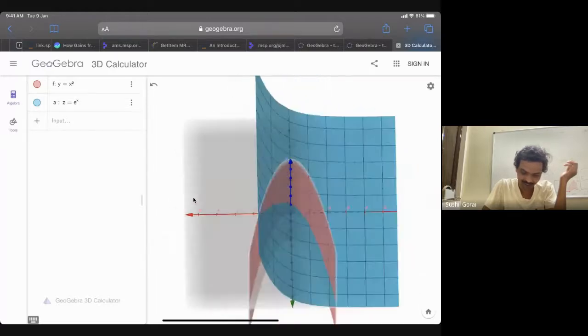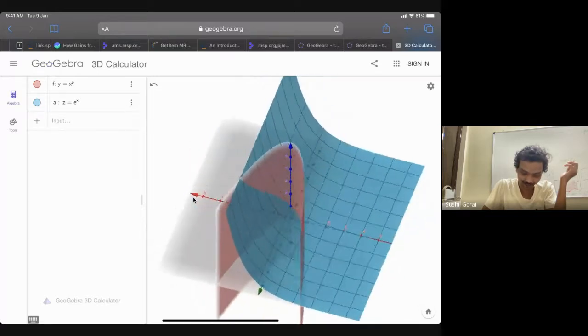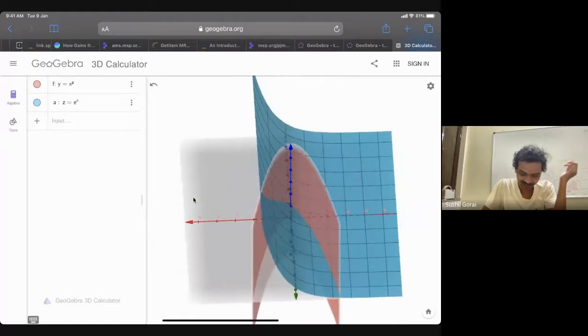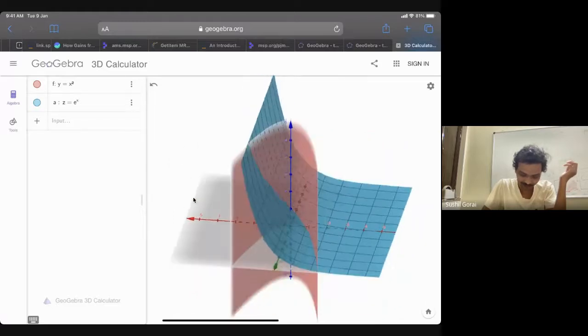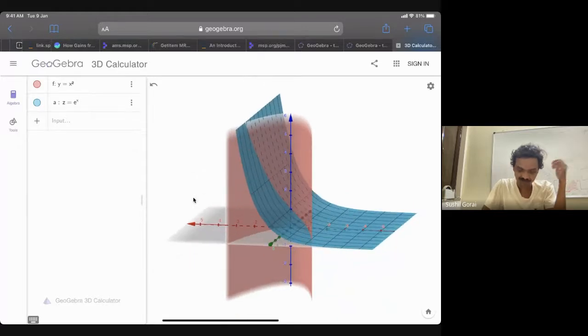You draw an exponential graph first, and then bend it like a parabola, right? So that was a little more complicated to think of. I mean, bending the whole plane like a parabola.